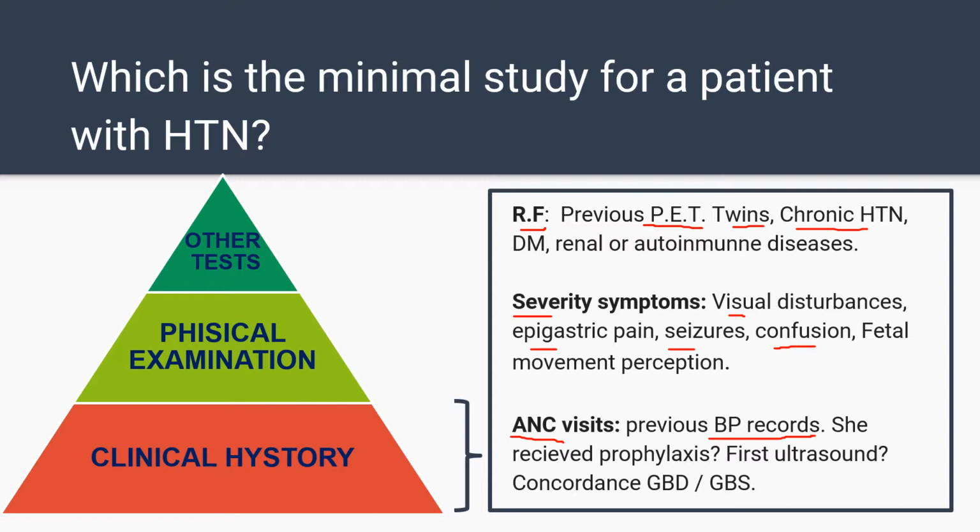That is a signal that the mother has this disease, preeclampsia, developing since a lot of months ago, and she was only in the asymptomatic period. Important to ask if she received the prophylaxis, also to assess the gestational age with the LMP and the ultrasound, and to check the concordance between the gestation by date and the gestation by scan, because maybe we are in front of an intrauterine growth restriction.